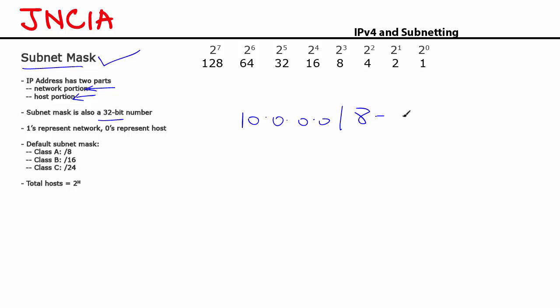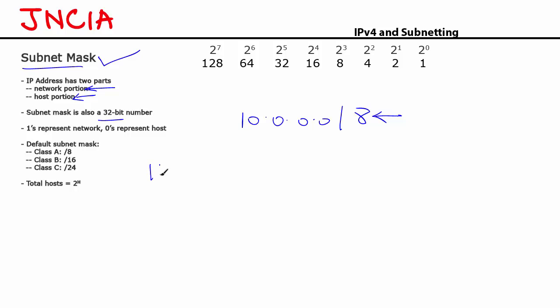The number 8 that you see here is the number of ones inside a subnet mask. Remember we said a subnet mask is a 32-bit number just like an IP address. Of the 32 bits, the first 8 bits are occupied by ones. The remaining 24 bits are zeros. So if we were to write the subnet mask in binary format, this is how it would look.